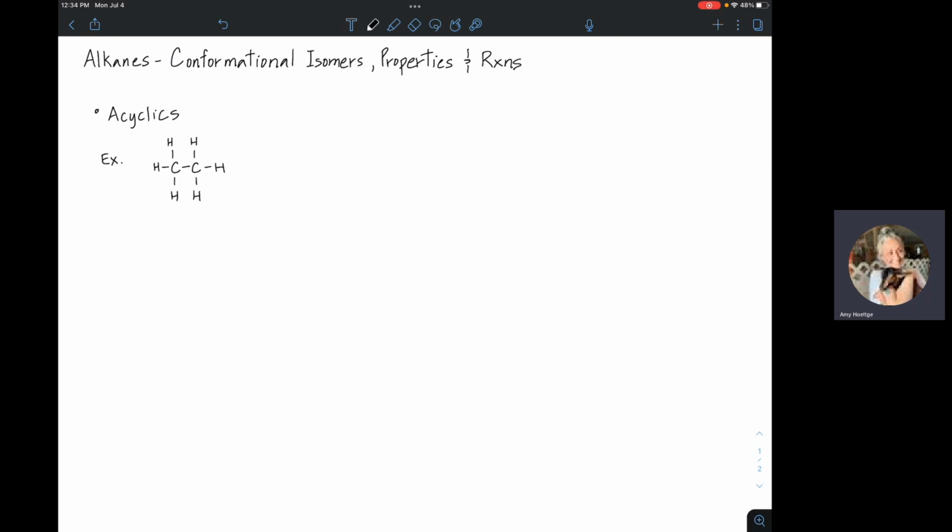So this is just ethane, CH3, CH3. We have different ways to look at this molecule. We'll draw the different ways out here. Again, if you have your model kit, might not be a bad idea to make this molecule. So different ways to look at ethane.